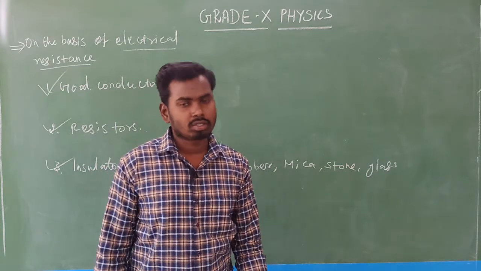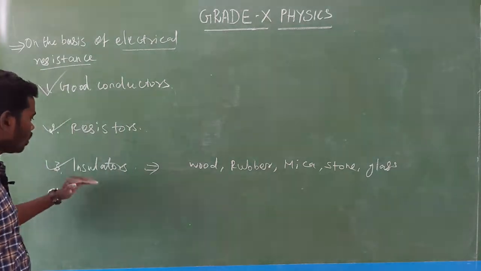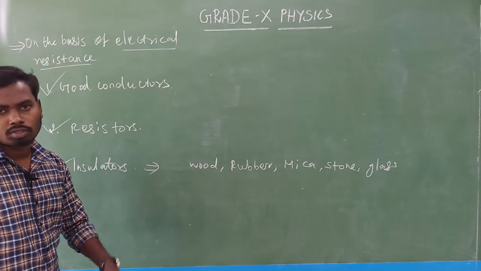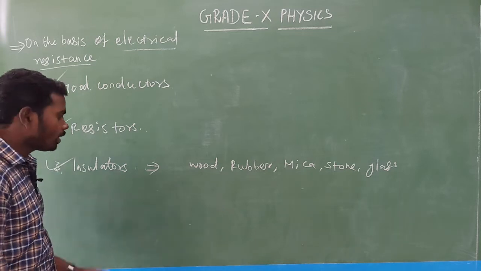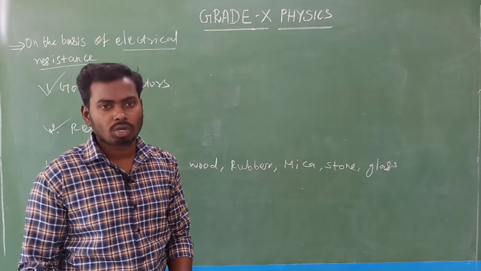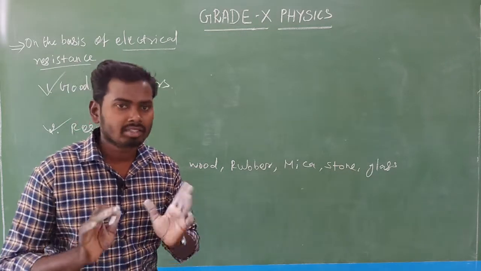Is it clear, students? So insulators never allow the current to pass through them, because insulators have infinitely high amount of resistance.